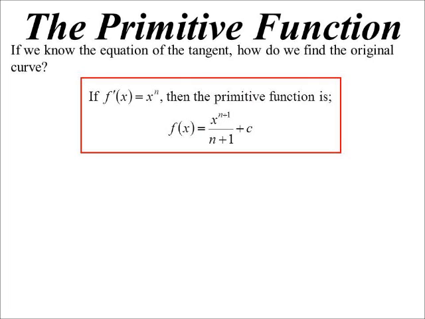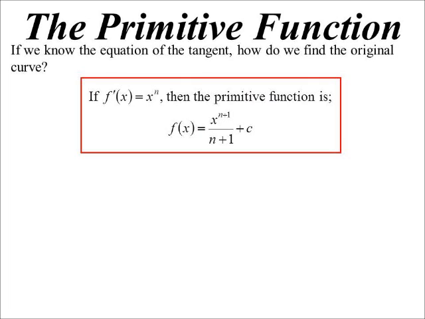The reason we have to do that is because imagine this was the original function. Function x is x to the n plus 1 over n plus 1. If I said differentiate this, we have to get to the answer x to the power of n. So when we differentiate x to the n plus 1, we would bring the n plus 1 down. That now cancels with the n plus 1, and we get our x to the n as required. But there's this extra thing, plus a c, plus some constant value.